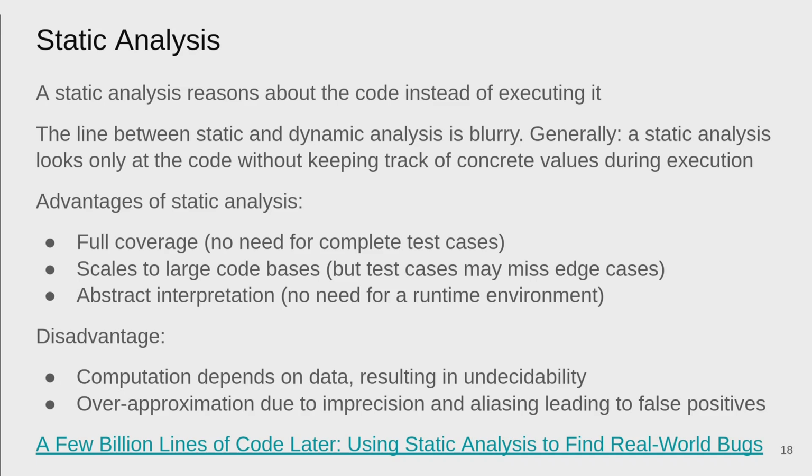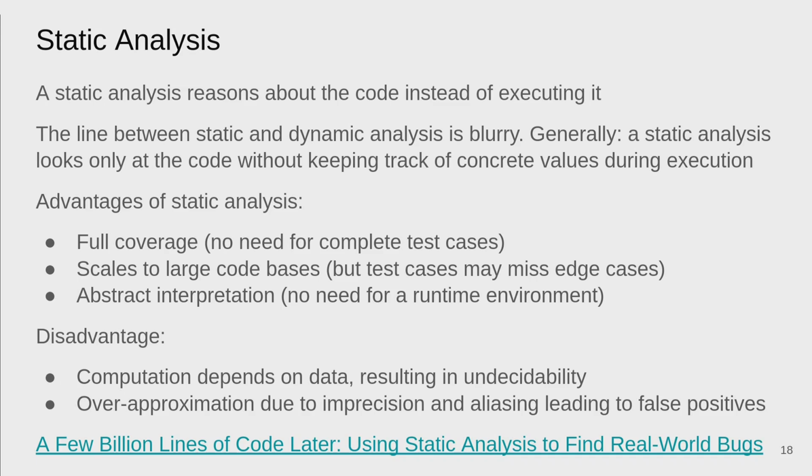In general, a static analysis looks only at the code without keeping track of concrete values during the execution. The benefit of static analysis is you get full coverage, right? You can reason about all the source code that you're looking at. So there's no need for 2 billion unit tests that execute every single line of code. You can just run all the code through your static analysis.